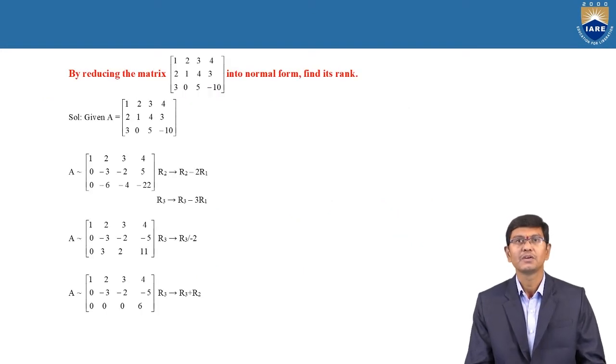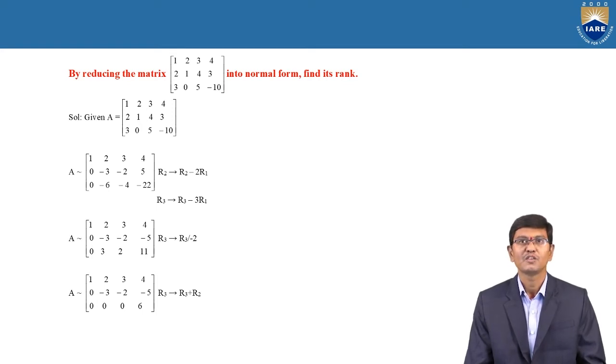For example, now we are going to discuss one matrix. A is equal to: first row 1, 2, 3, 4; second row 2, 1, 4, 3; third row 3, 0, 5, minus 2. Reduce it to normal form and find the rank of the matrix.